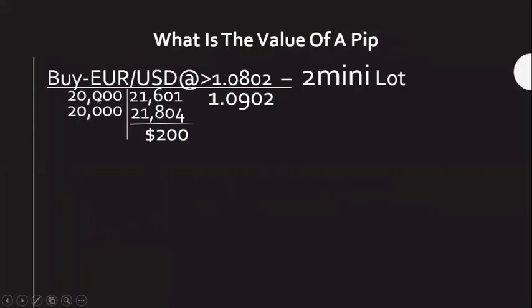If you times this 20,000 times this value, you get this value here. So we are holding this. Because of the exchange rate, it changed to this value because we made 100 pips movement as our profit. So you check here, if you minus this from this, it will actually give you $200 profits.